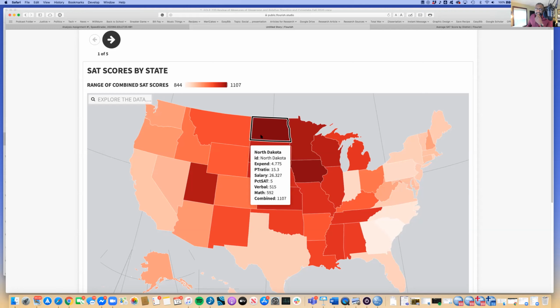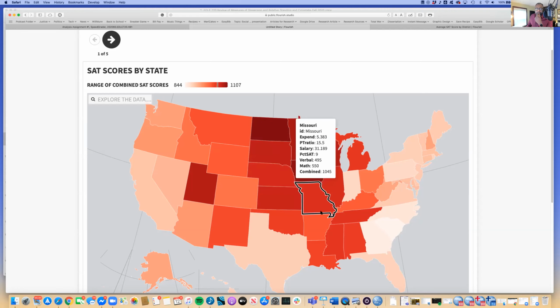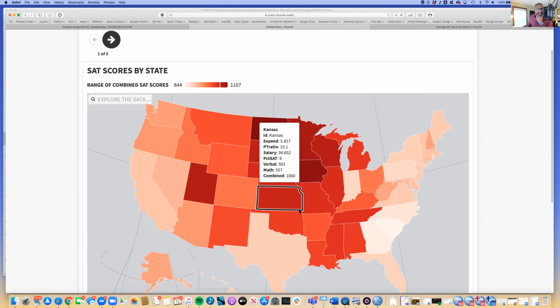Then you can really get into predicting what kind of impact those variables have on SAT scores, or you want to see how much does the ratio have an impact on SAT scores relative to teacher salary. You can do that in what's called regression. Has anyone heard of regression?